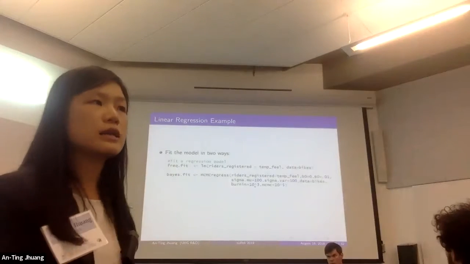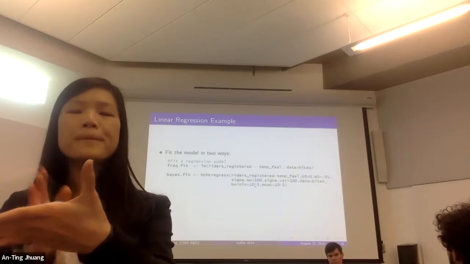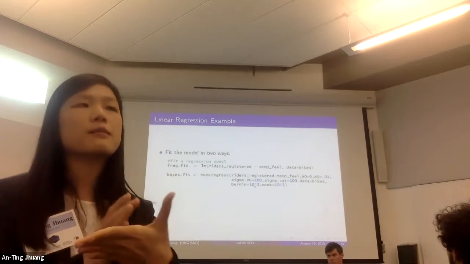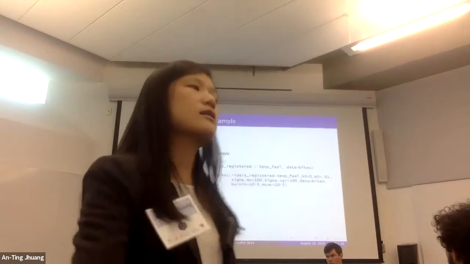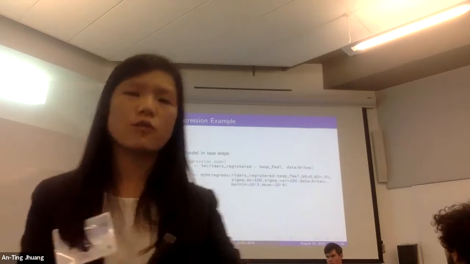I specify 1,000, so I'll discard the first 1,000 posterior samples. This function will actually draw 1,000 plus 10,000 posterior samples, and I just discard the first 1,000. So I'll use the remaining ones.